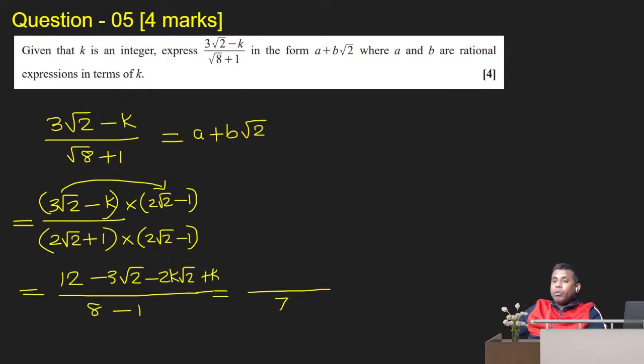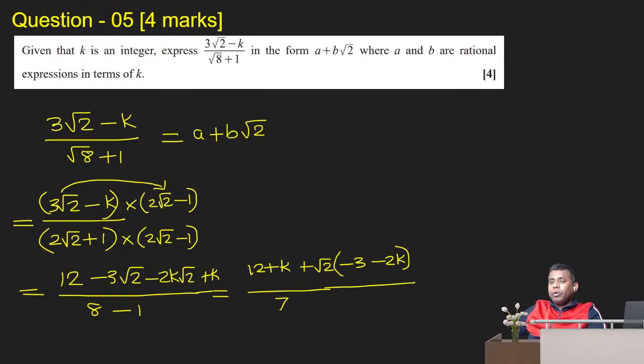Right, so now I am going to simplify. This is going to be 12 plus k. Then I'm going to factorize the root 2, and I will end up with minus 3 minus 2k. So this is what I get.